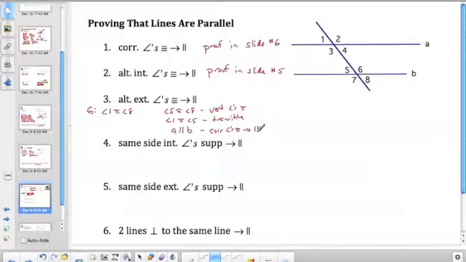Okay, number 4 says, so we're given same side interiors are supplementary. So we'll say that angle 4 is supplementary to angle 6. We know that angle 6 is supplementary to angle 8. And that's just the definition of supplementary.